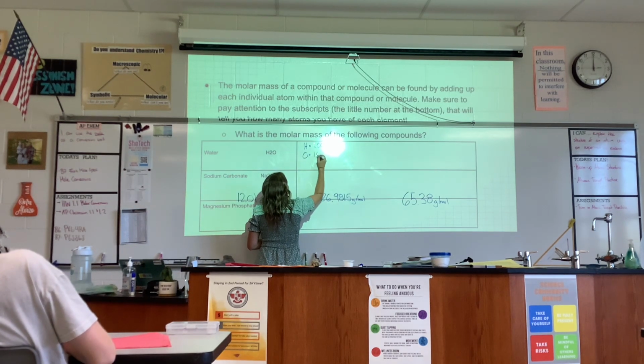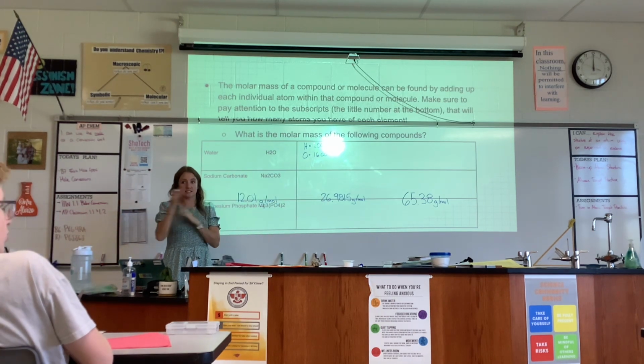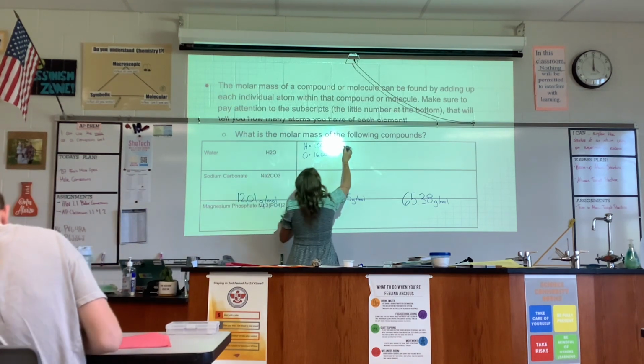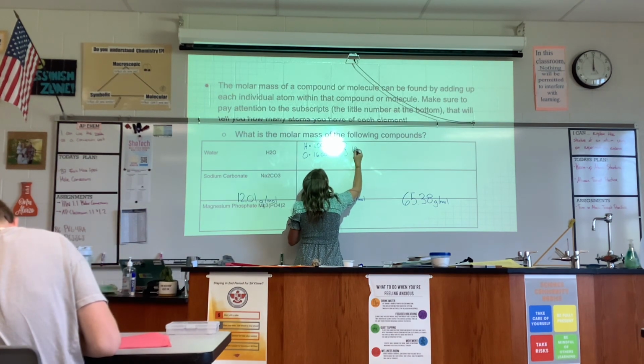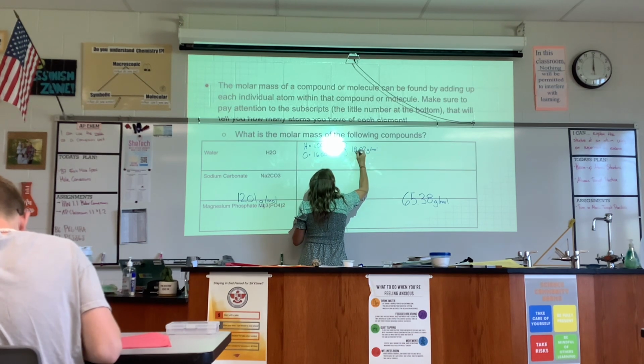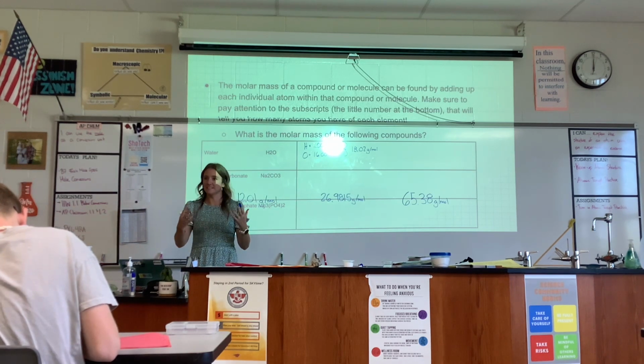Oxygen has a mass of 16 on your paper, and I only have one of them because the 2 doesn't apply to it. And so I add those all together, and I get an overall mass of 18.02 grams per mole. So that's how much the water inside the cup weighs, 18.02 grams.